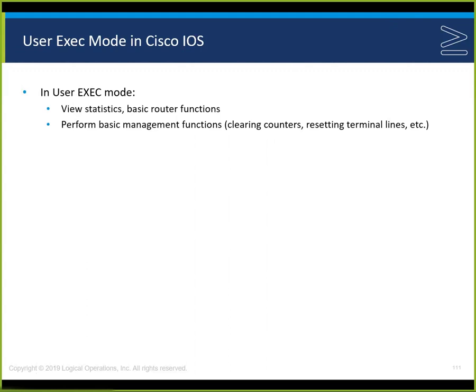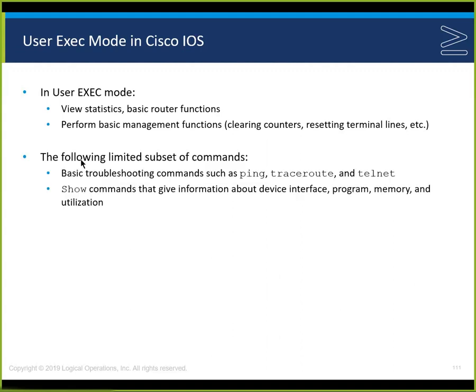So let's look at the slides and see what I missed in that. User exec, view statistics, very basic router functions. Basic management, clear the counters, reset the terminals. When we did the question mark to look at the commands, there were relatively few commands that were available there.